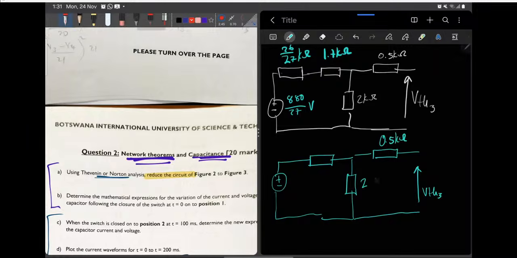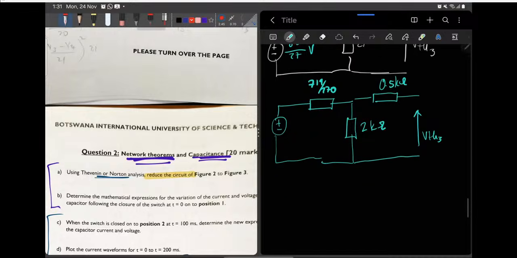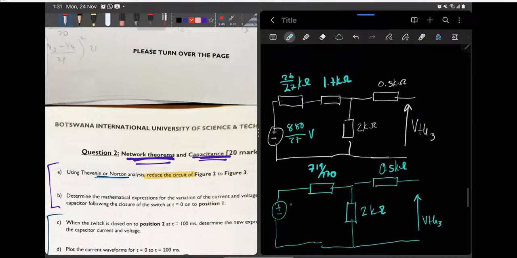Let's add. I'll say fraction 26 over 27, close the bracket, and I'll now say plus 1.7. I get 719 over 270. I'm sorry for that. But now, we know the value here. It is 880 over 27.